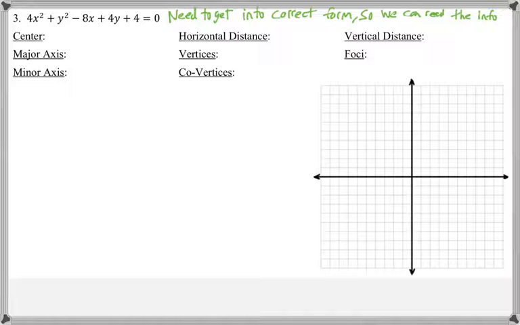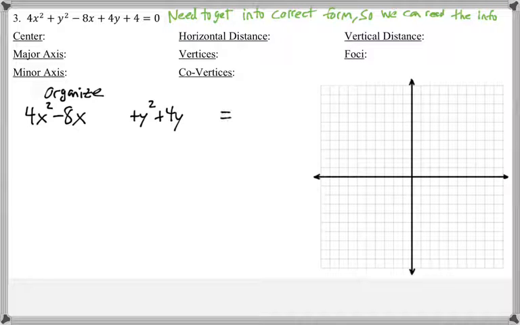So I said that we had to use completing the square, but before we complete the square we need to organize our terms. So I'm going to put the 4x squared minus 8x, and then I'm going to leave a space and put plus y squared plus 4y, and then leave a space and set this equal to negative 4.